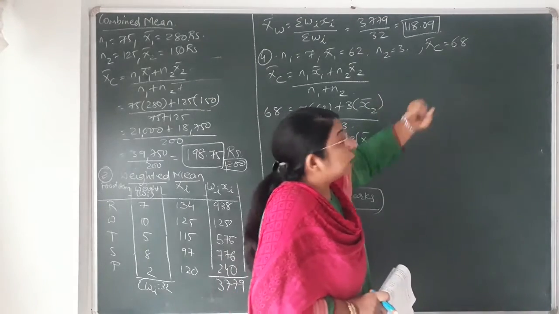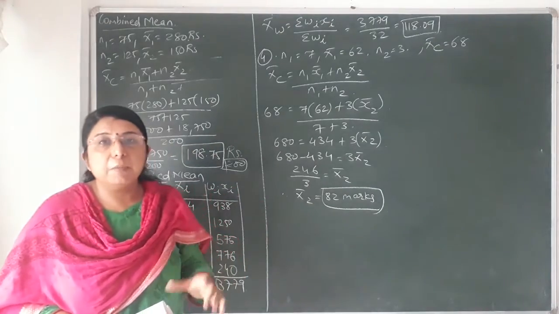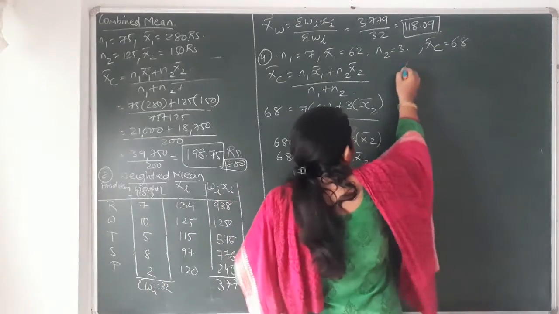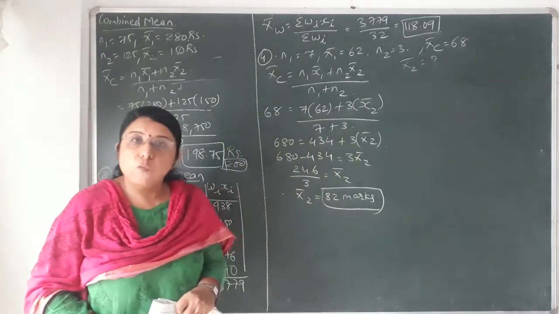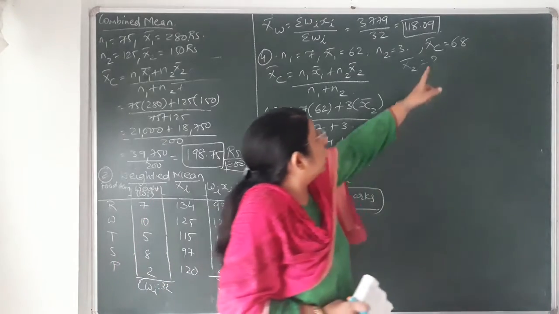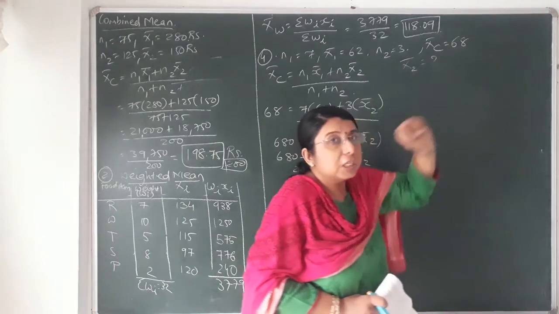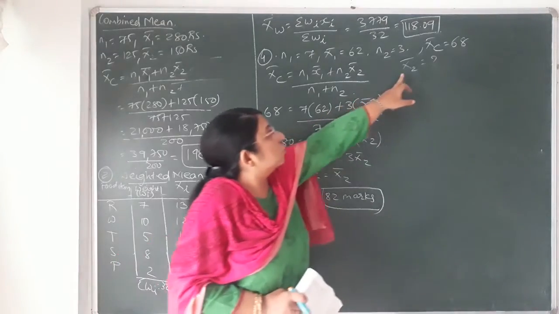But x2 bar, the mean marks of 3 practical papers, is not given to you. It means we have to find x2 bar. And the combined mean of the entire examination is given, 68. So x bar c is given to you, and you have to find x2 bar.